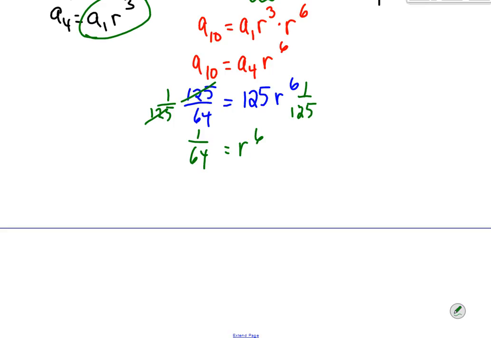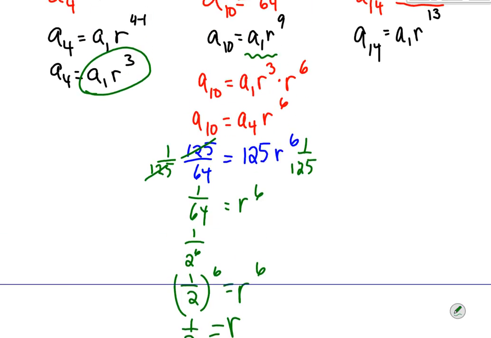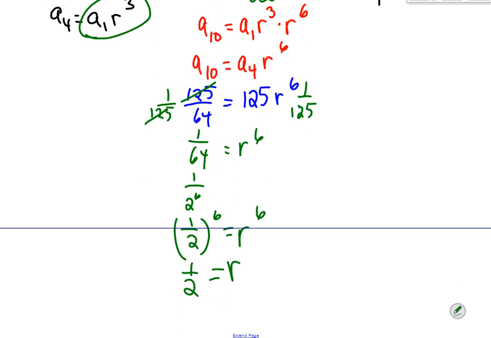So this is 1 over 2 to the 6th, which is 1/2 to the 6th, equal to r to the 6th, so r equals 1/2. We know r could be plus or minus 1/2, but they told us in the problem that everything is positive. So now I know what r is.